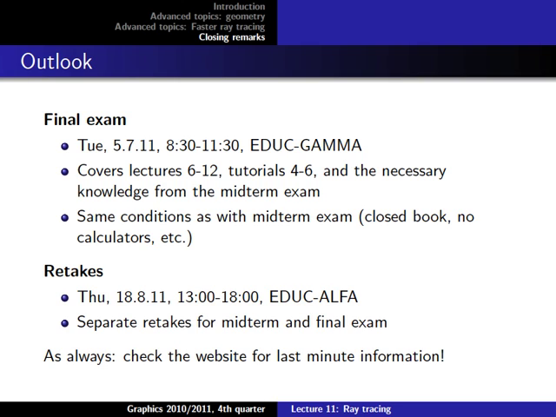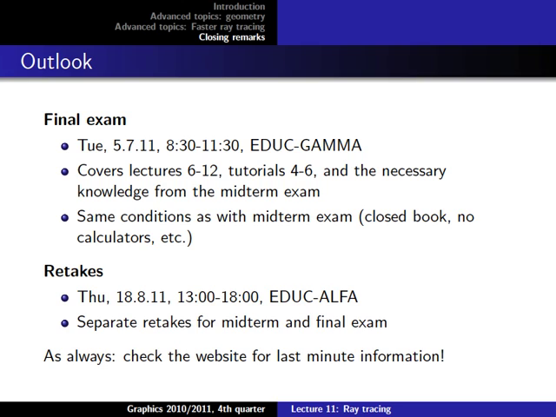Of course, the stuff from the previous exam is also relevant here, but I will not ask an explicit question about it, but you saw how often we referred to parametric equations, normal vectors, and all that stuff. So of course you have to know that, but there will be explicit questions about the second part of the course, so lectures 6 till 12, and tutorials 4 to 6.